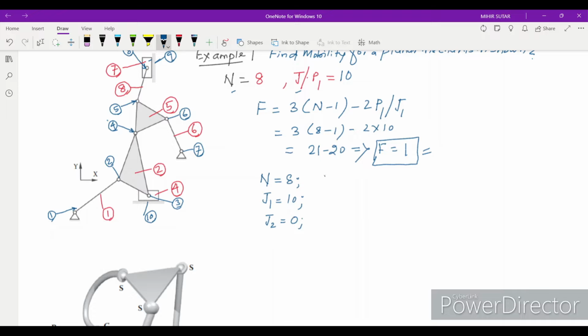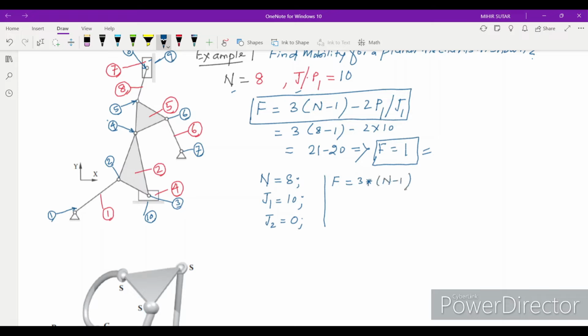Then further you'll write the empirical relation, in this fashion: 3 multiplied by (n minus 1) minus 2 multiplied by J1 minus J2.